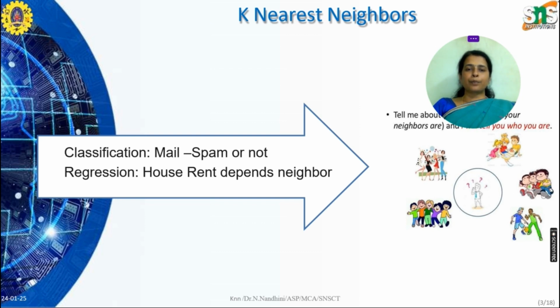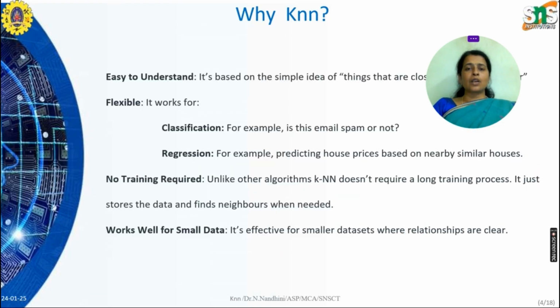So KNN is applicable for both classification and regression. In classification, a real case example is checking whether the incoming mail is spam or not. In regression, I am going to predict the current house rent with the help of the existing values. These are the two examples for your understanding.